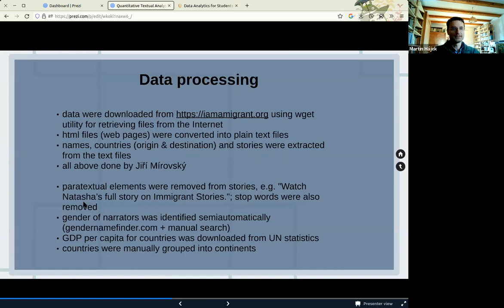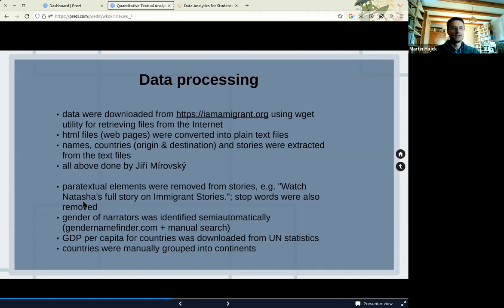How to process the data? If we see data on some web page, how do we make them ready for quantitative textual analysis?